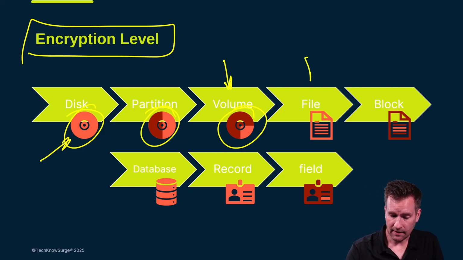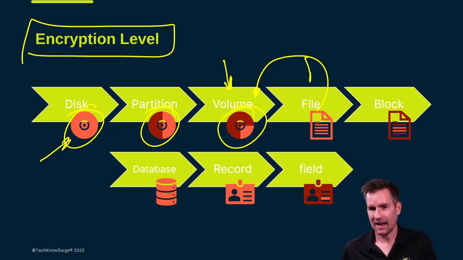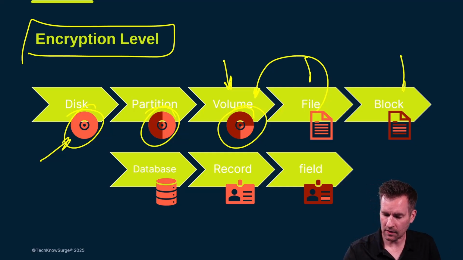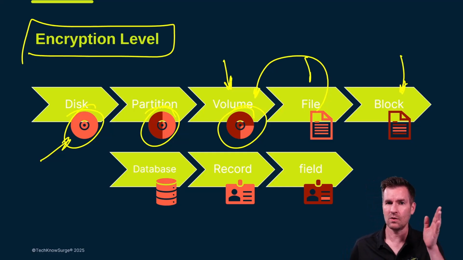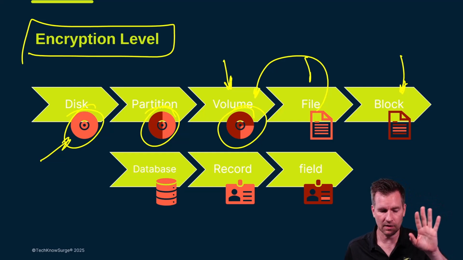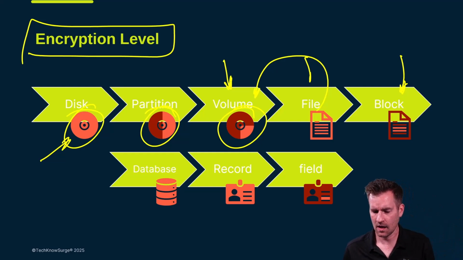Or we could do it at the file level. We store files on a disk, and everything essentially boils down to being a file on that disk. So we've got a bunch of files, and we can encrypt at that file level. But those files probably take up many different blocks, so we can encrypt things at the block level. Really, all this just means we can go from a very high level, encrypting everything on the disk, to a much lower level, encrypting at the block level.